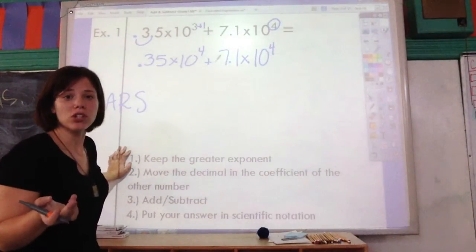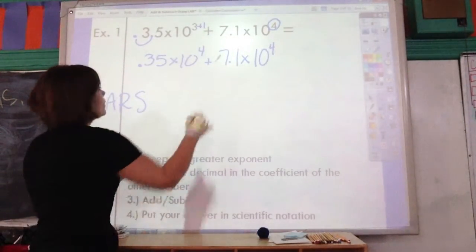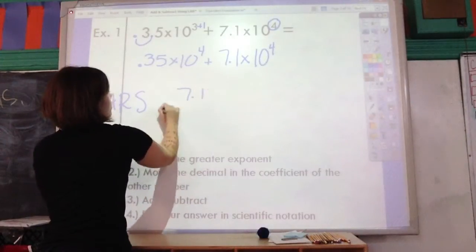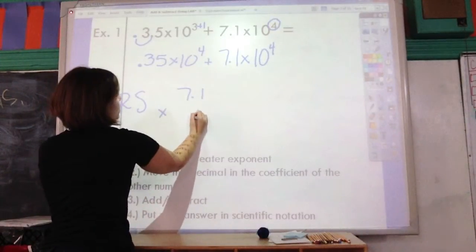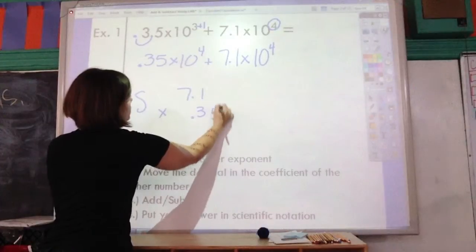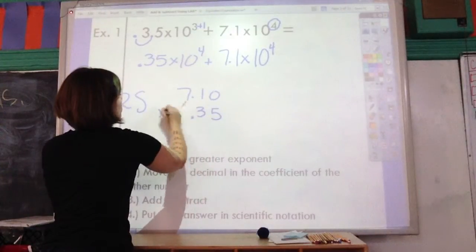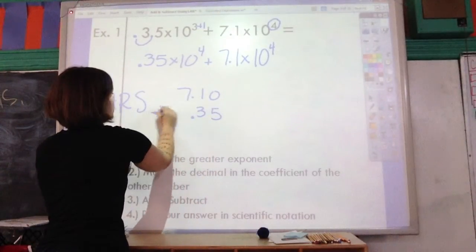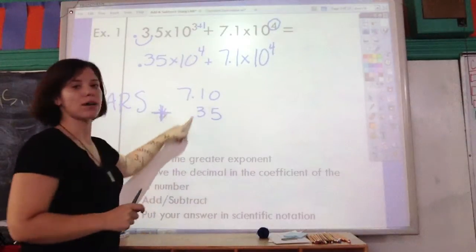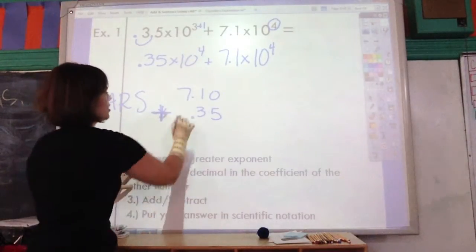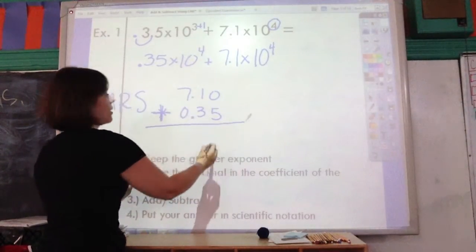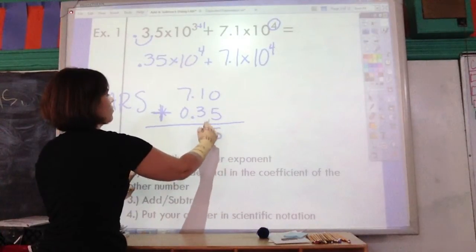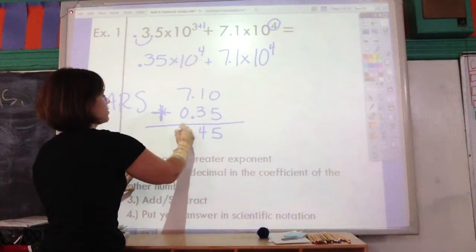Now that my exponents are the same, I can add my coefficients. 7.1 plus 0.35, and when you add with decimals you need to line up your decimals and fill in zeros. Now I can add 5, 4, bring my decimal straight down, 7.